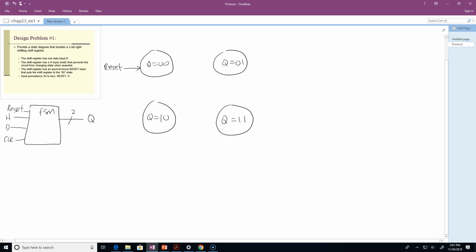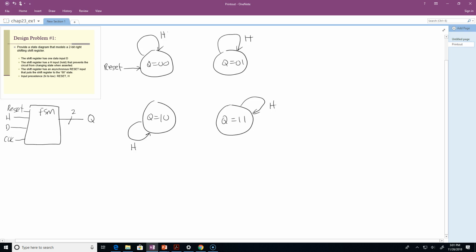Next part in these problems is I like to do the easy part first. So there is a hold input, and when the hold input's asserted, it's going to stay in the same state. So by all means, the next thing I'm going to do is go to the state diagram and list some self loops here, and all those have the basic condition of when the hold is asserted, it stays in that state.